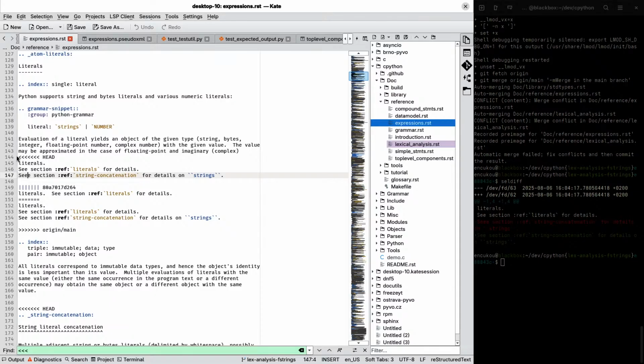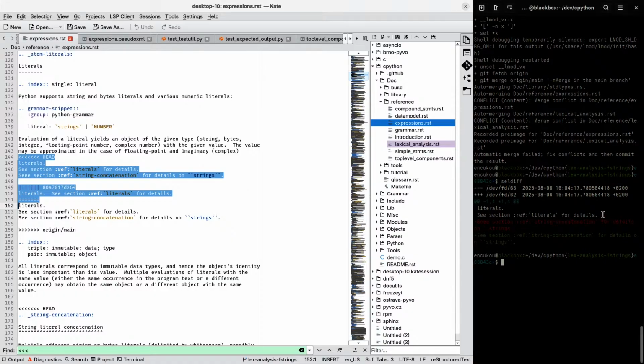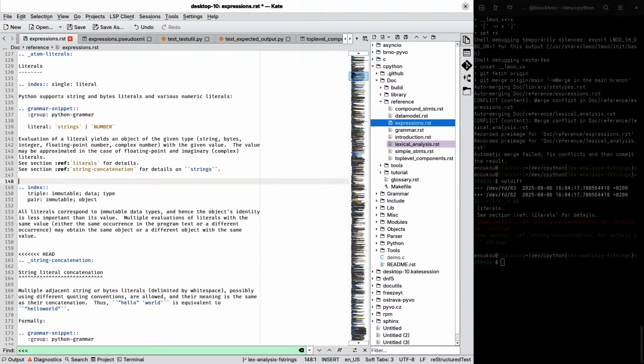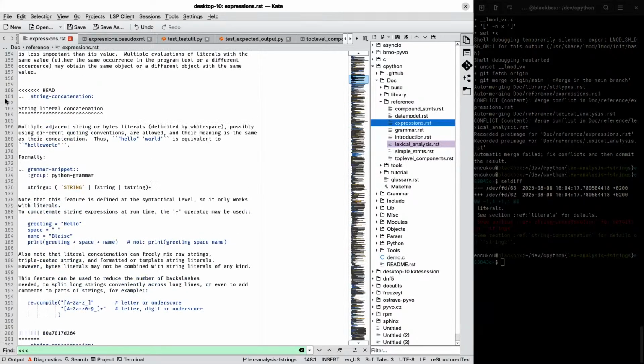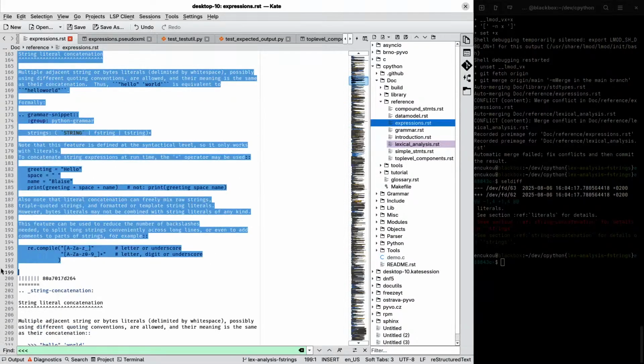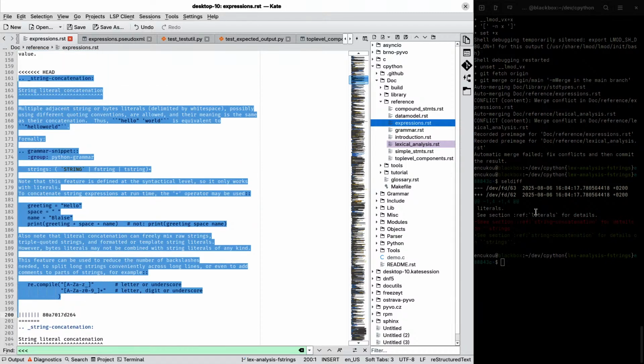Right, so wait, was this branch already merged? It wasn't, right? Maybe something else was. And the other change is this string literal concatenation.